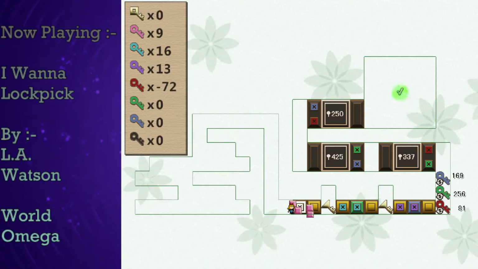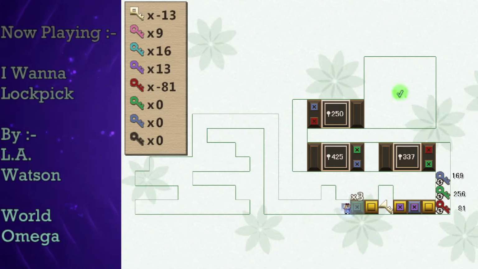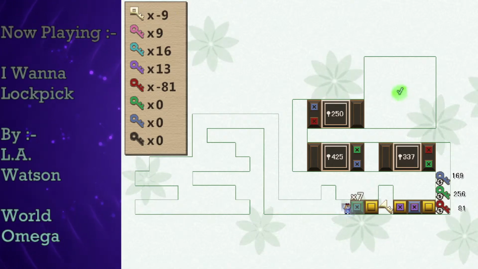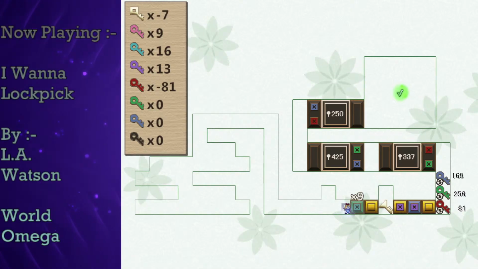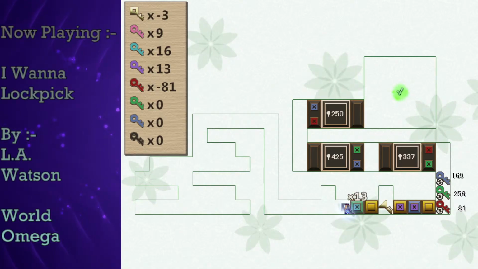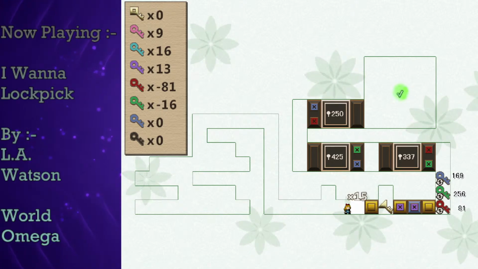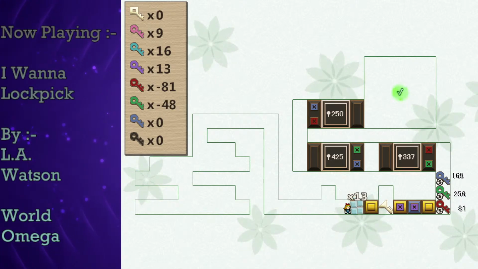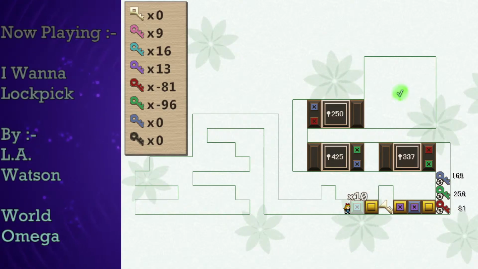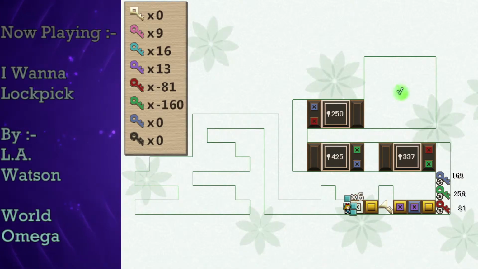Good puzzle, good puzzle. Very simplistic equations. I like them. A tad bit time consuming, but not even that. This is surprisingly easy.